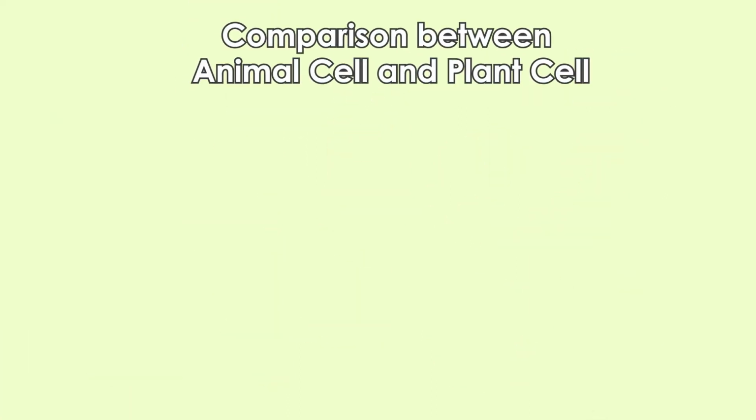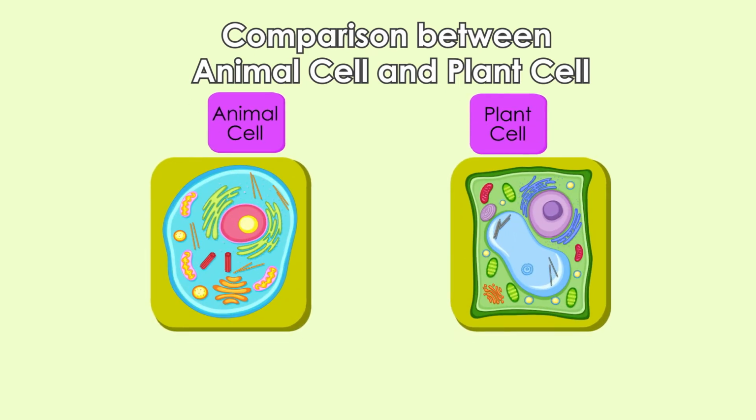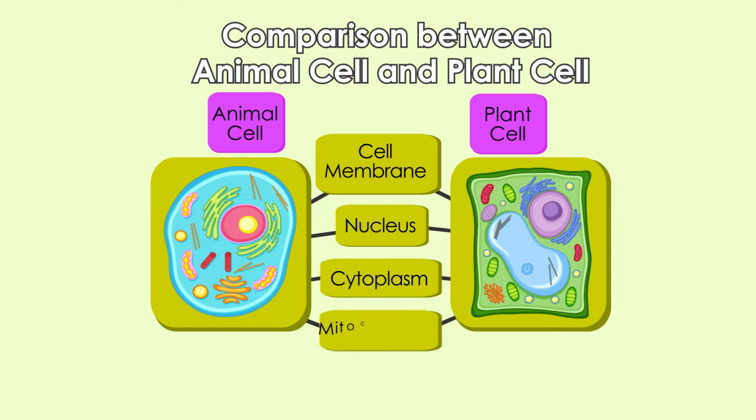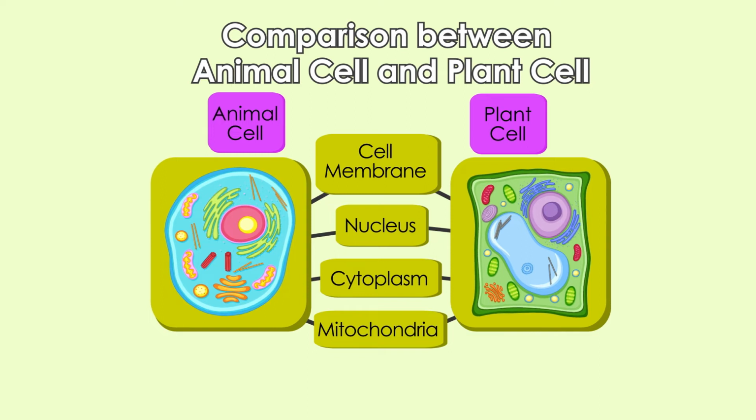Here you can see that both animal cell and plant cell have nucleus, cell membrane, cytoplasm, and also mitochondria. All these 4 structures also share the same functions.